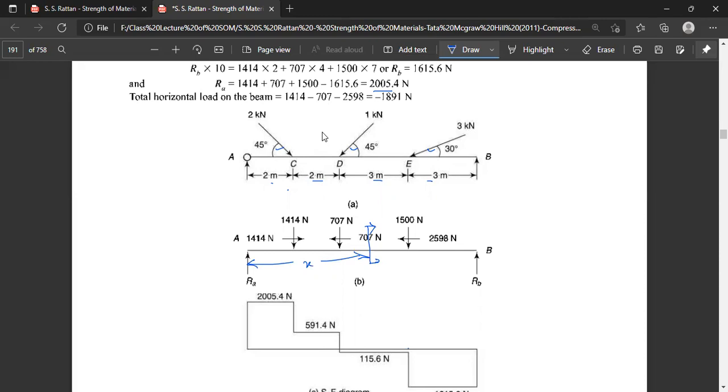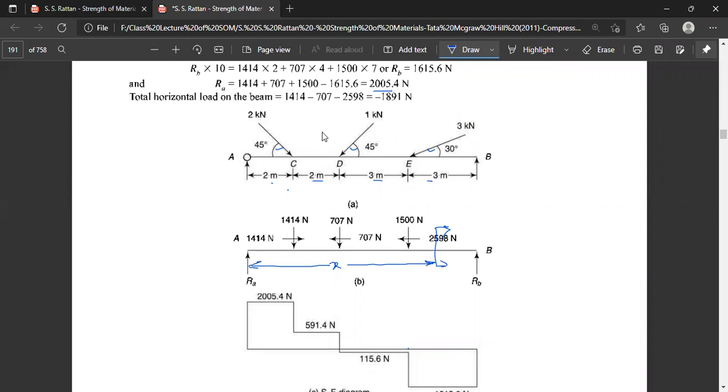Next, if we take the section again here like this, and X is here, we have vertical forces acting upwards RA, that is 2005.4, and forces 1414, 707, and another 500 Newton, all acting downwards.